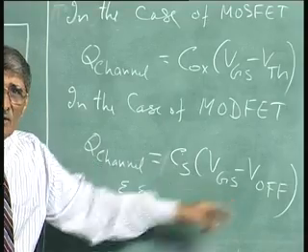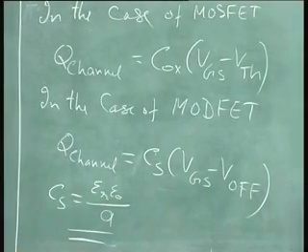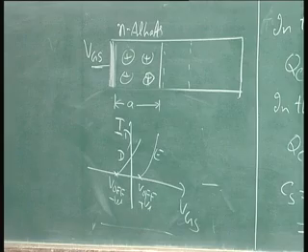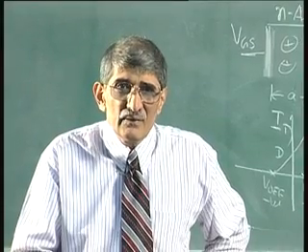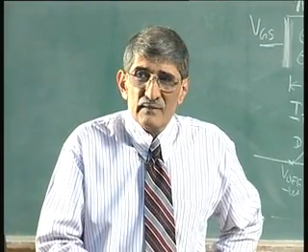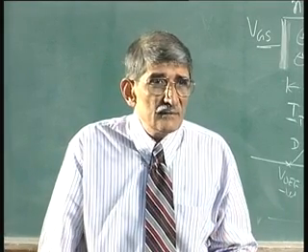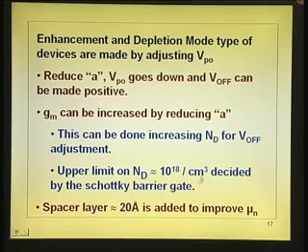V off is a combination of, I think I will just discuss this in the next lecture. V off is determined by VBI minus VP0 minus delta EC by Q. The only parameter that you can control there is VP0. So, doping and thickness have to be adjusted. I will take on from here in the next class, but you can see the most important thing to note is the VP0 you can control, the doping and thickness you can control.